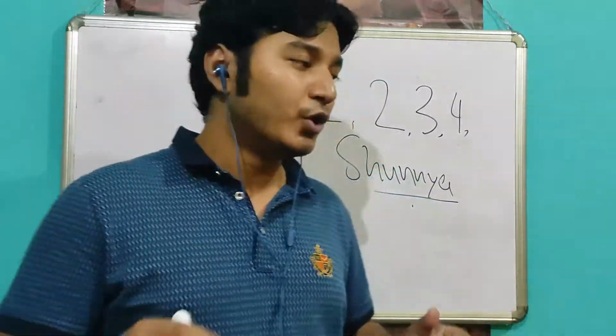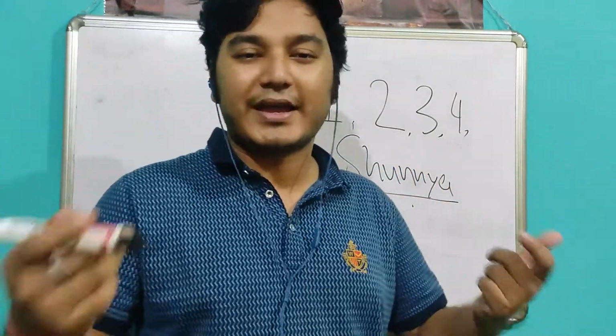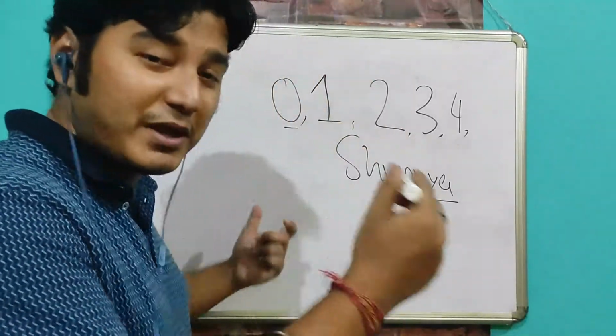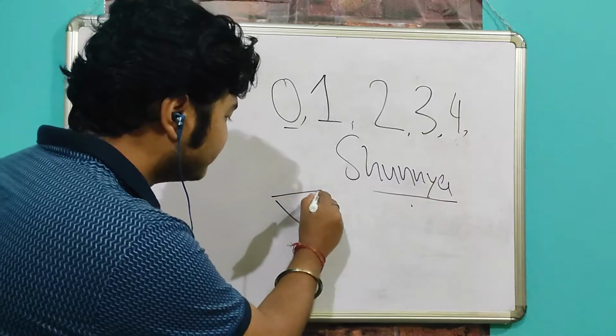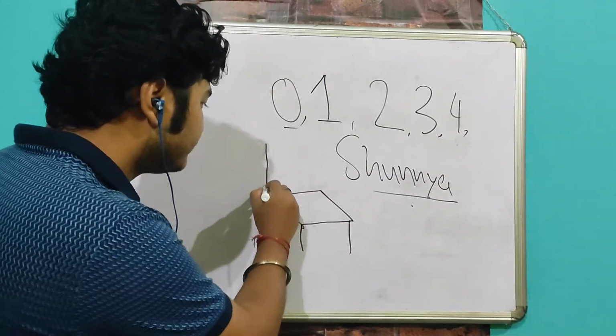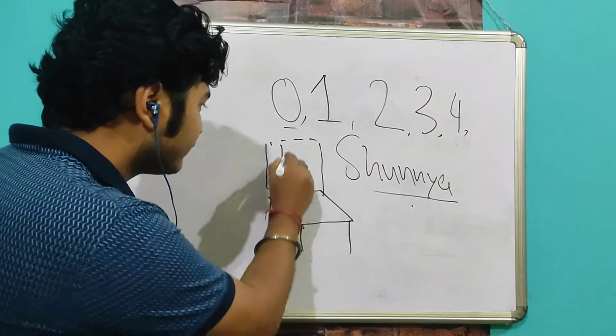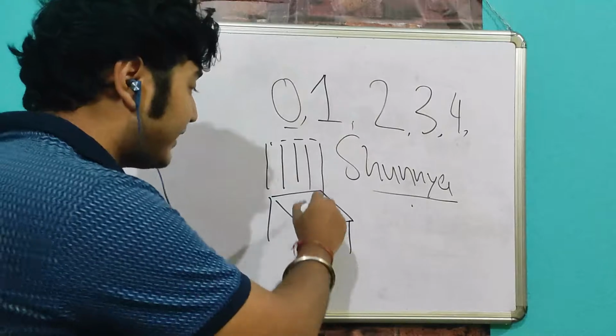So let's try. Okay, let's take one example. Maybe you are sitting on a chair. I cannot draw good pictures, but let's try. Say this is the chair. Something like that. Suppose you are sitting on the chair right now.